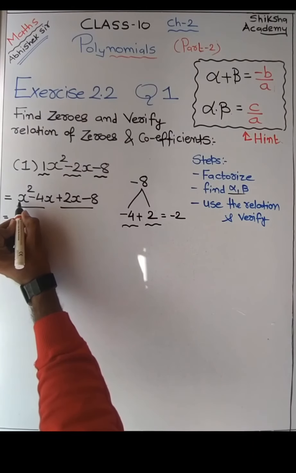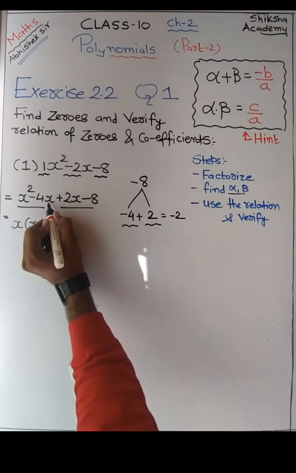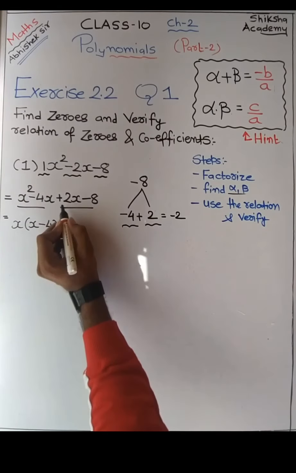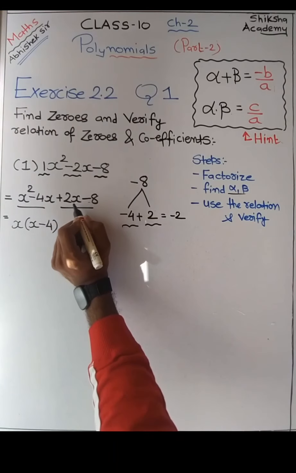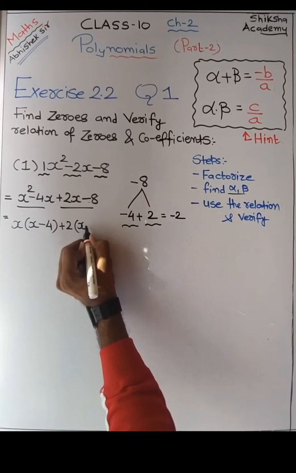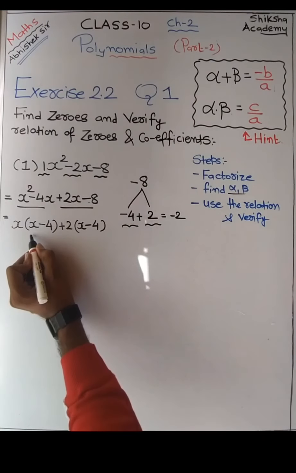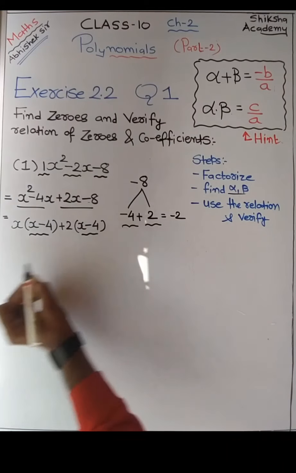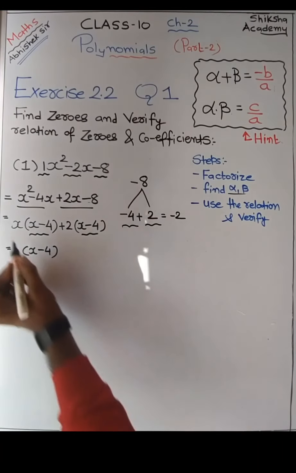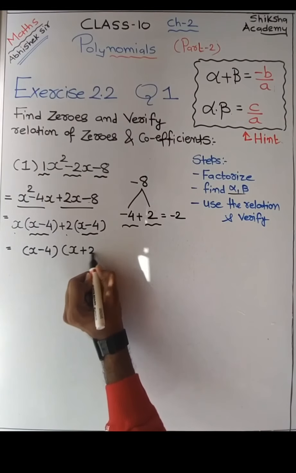In the first term we have x square, so x out, x remaining. Over here in the second term x is gone, so only minus 4. Moving on to the next pair, 2x minus 8, so plus 2 is common and we have x minus 4 over here, right? Now brackets are common, so write the bracket first of all, and then whatever is left will be included in the next bracket, x plus 2.